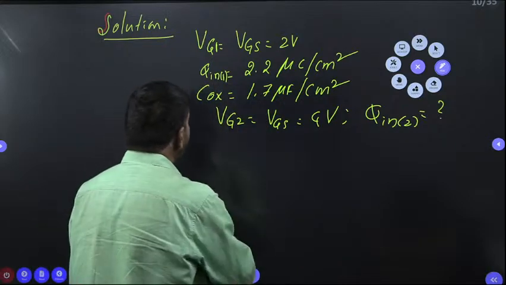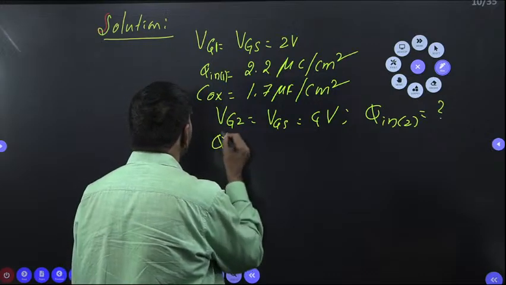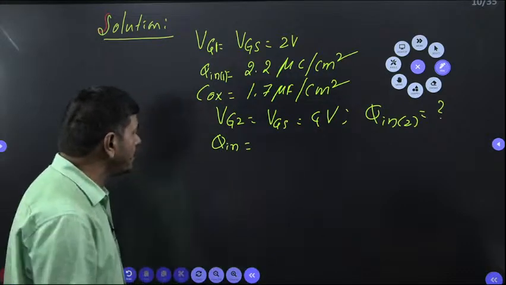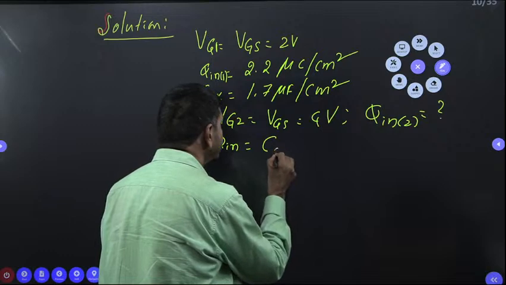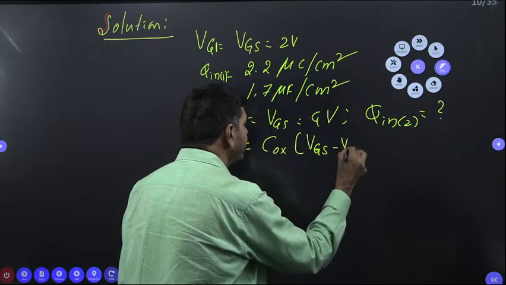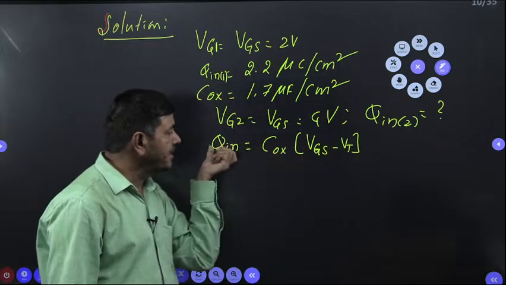Here the inversion charge density Qin is equal to COX into VGS minus VT only now. Just like a capacitor into some voltage is nothing but the charge we are going to get.